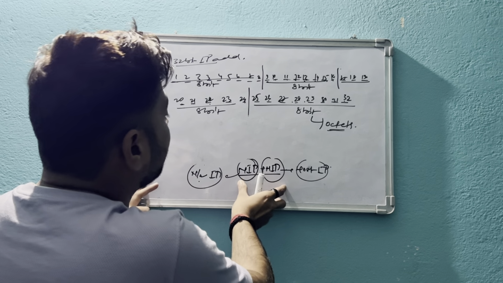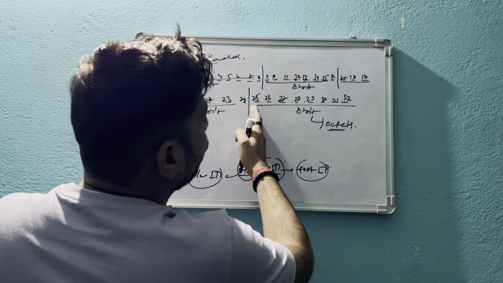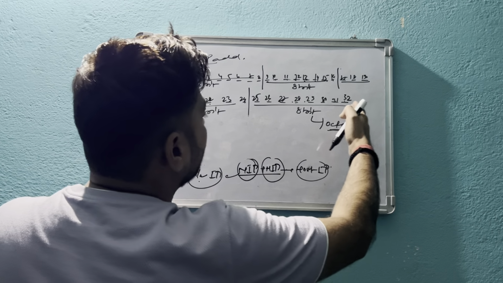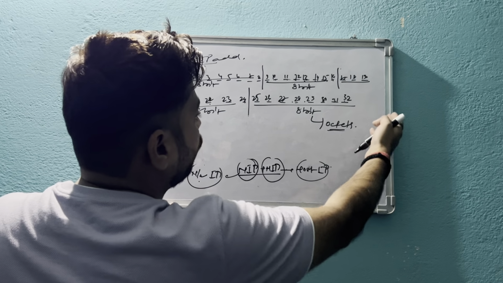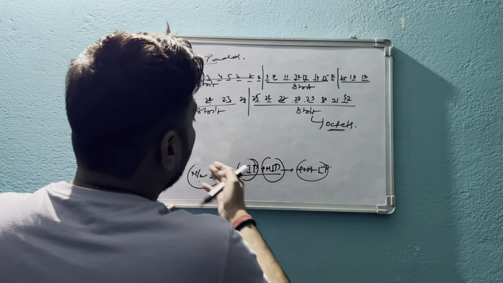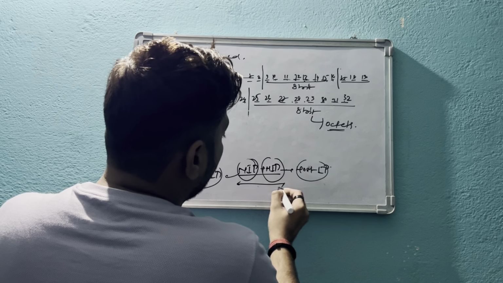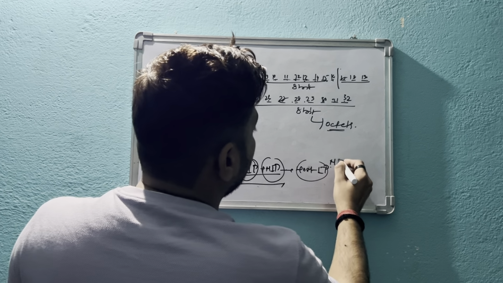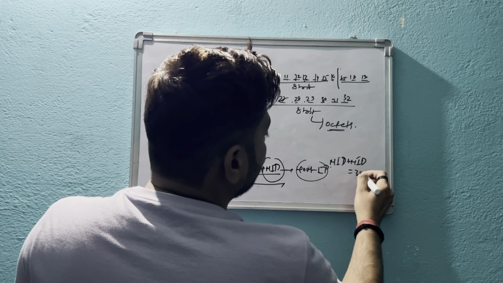So these network ID and host ID we are talking about: we assign a few portions of this whole 32-bit IP address to the host ID and a few portions to the network ID.